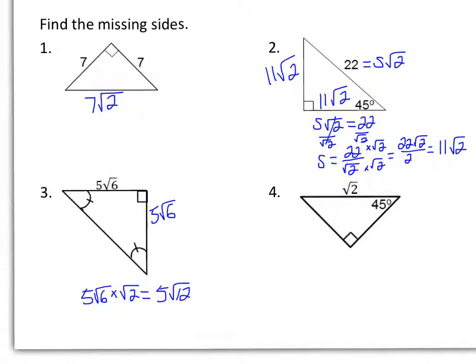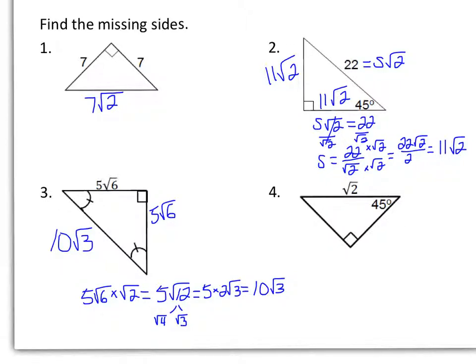Now, that is a good answer, however it can be simplified. The square root of 12 I can break down as 4 times 3, so it's 5 times 2 root 3, or 10 square root 3. So my hypotenuse is 10 square root 3.